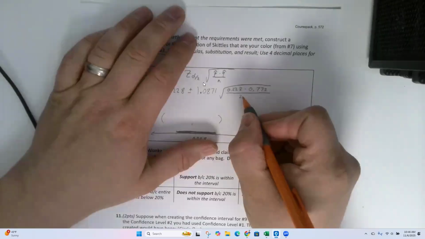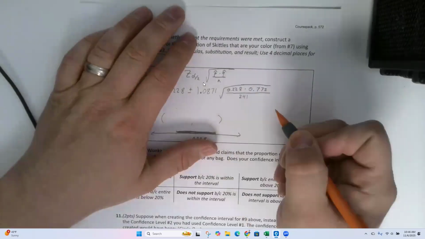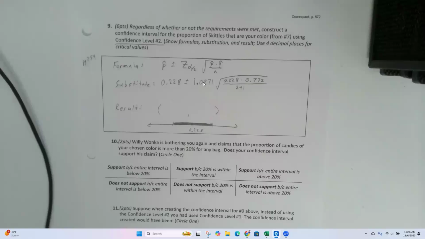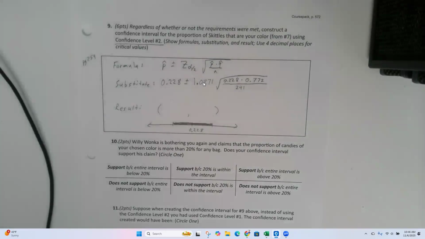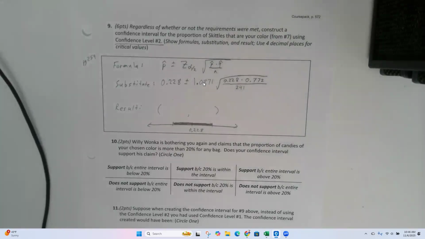Now, again, you don't usually know that, okay? If you knew it already, then there's no point in doing the sample. The whole point of doing the sample is you don't know that proportion value and you're trying to find it. Like if I wanted to know what percent of Americans have AIDS, I don't know that number for sure.